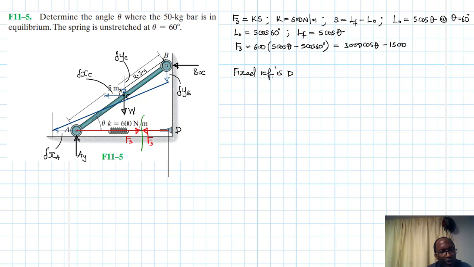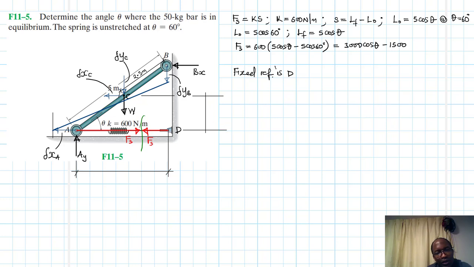We locate point A there like so. Okay, so that's one of it. And then the vertical direction, we're going to locate it from there like so.